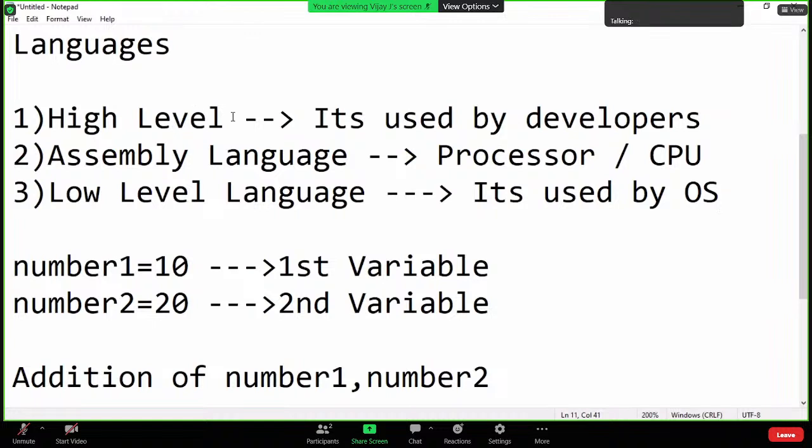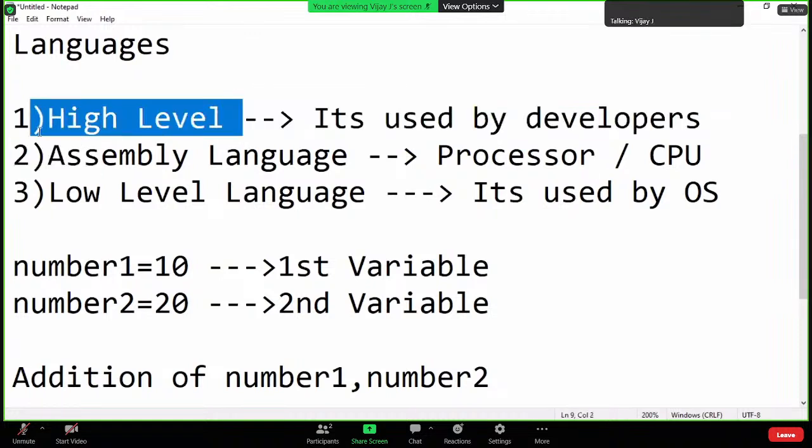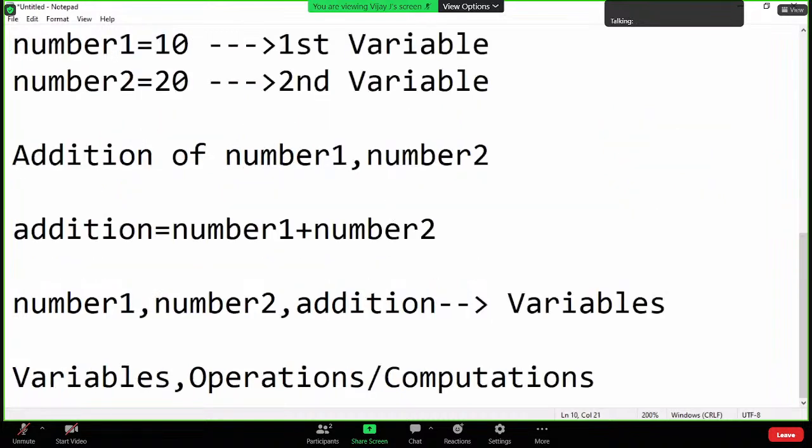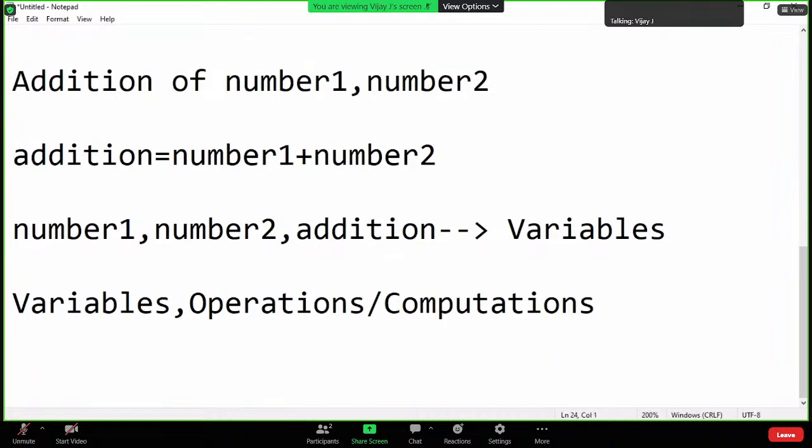But at the second phase, we have to give this program to the processor. Able to follow? Whatever program we are writing in high level is converted into assembly language. Suppose I am giving this program to the processor.